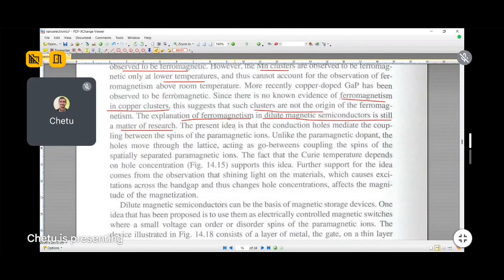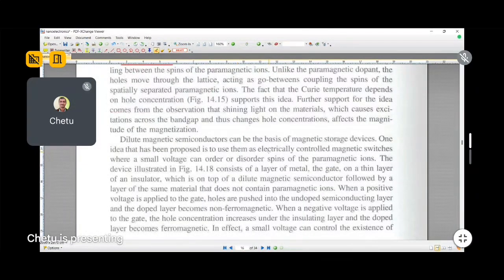And now, such doped materials can be produced in the form of a thin film, and the magnetic properties of such thin films can be studied. That is one thing. So the bulk material does not show magnetization, but nanofilms can show some sort of magnetization, and new science can emerge from that. That is one thing. Now, the use of DMS is that it can be the basis of a magnetic storage device.